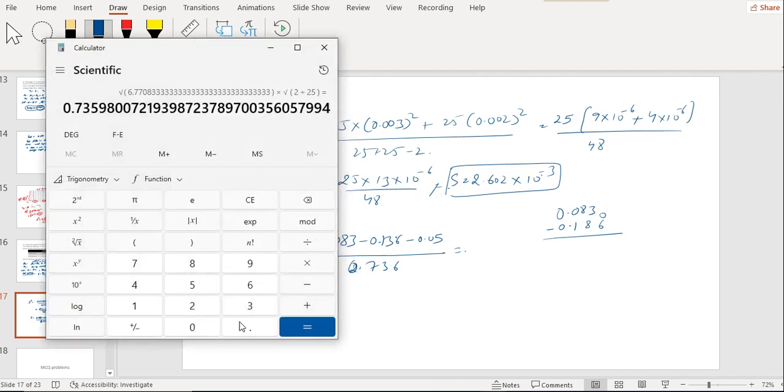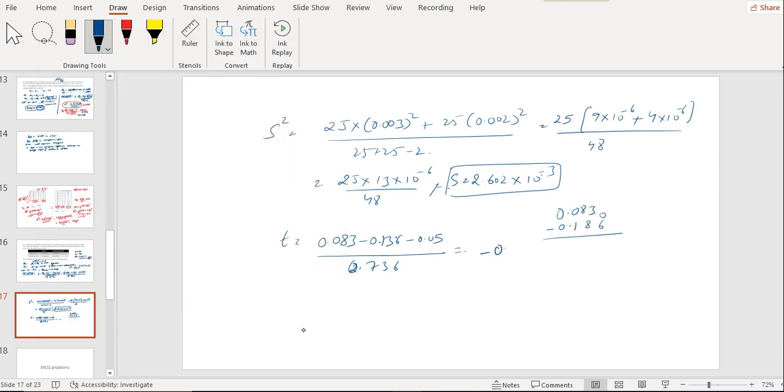So 0.083 minus 0.136 minus 0.05 divided by 0.736, the answer comes out to be minus 0.1399.